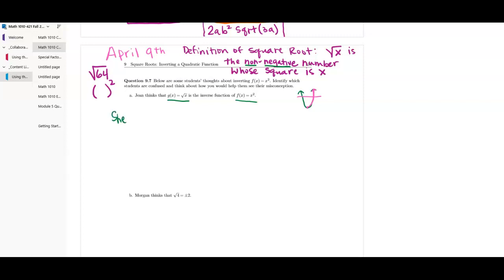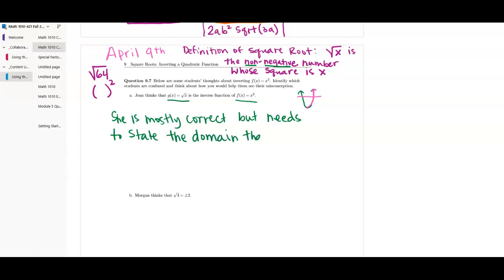So she is mostly correct, but needs to state the domain that we are looking at of f of x equals x squared is from 0 to infinity.